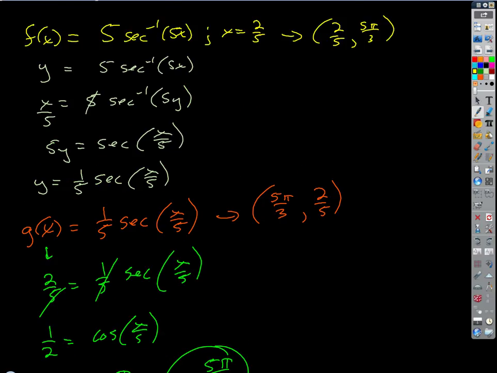So this is good. Now we can avoid completely having to calculate the derivative of f prime. So f prime of 2/5 is equal to 1 over g prime of 5/3 pi.